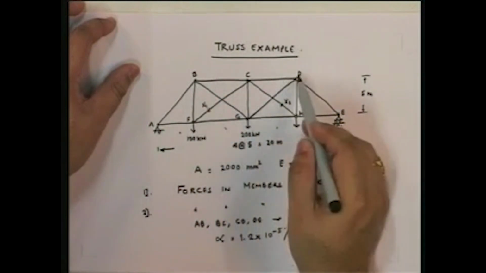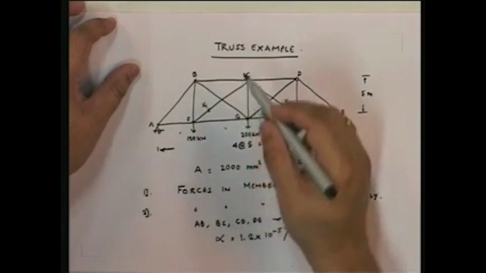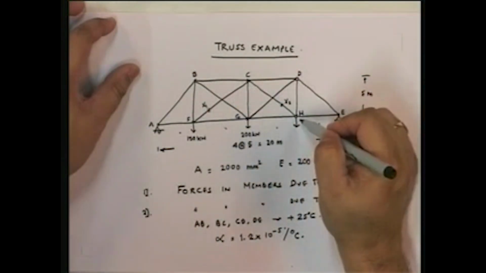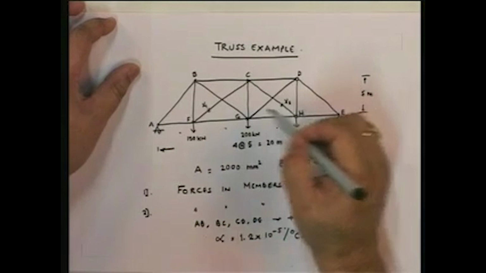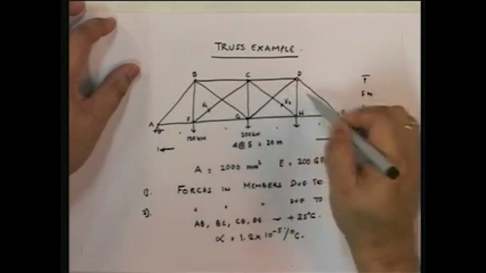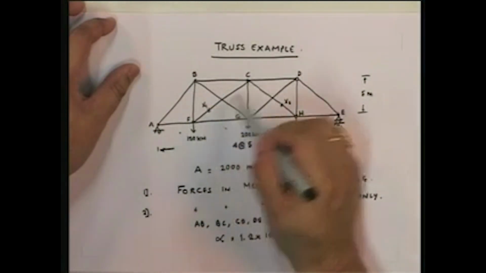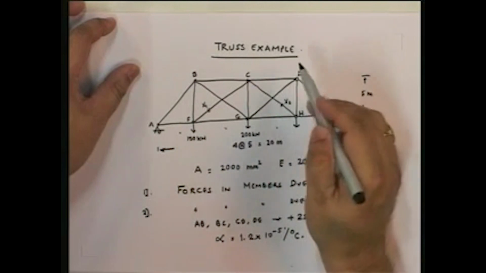So BCD is the top chord, AFGHE is the bottom chord, and BF, CG, DH are the verticals, AB and DE are the end rakers, and the diagonals are BG, FC, CH and GD.